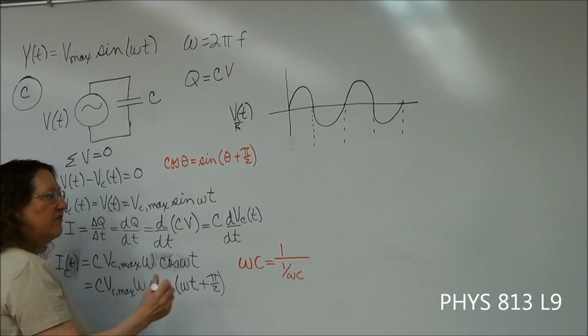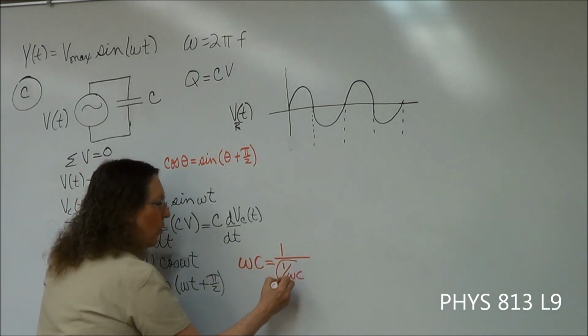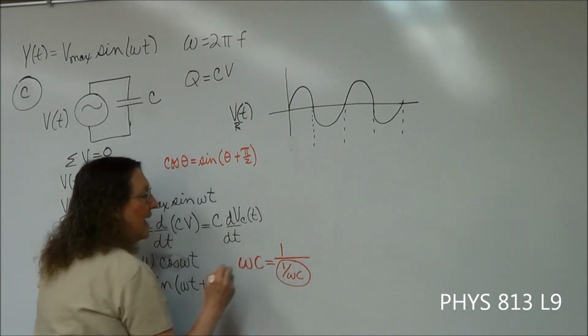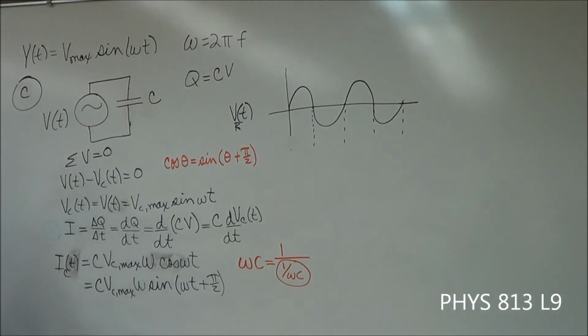We're going to define this quantity as capital X, and it's going to be called reactance. It's not a resistance in the same sense that you have resistance of a resistor, but it behaves similar to that, or it's analogous to that when you have an alternating voltage and current.